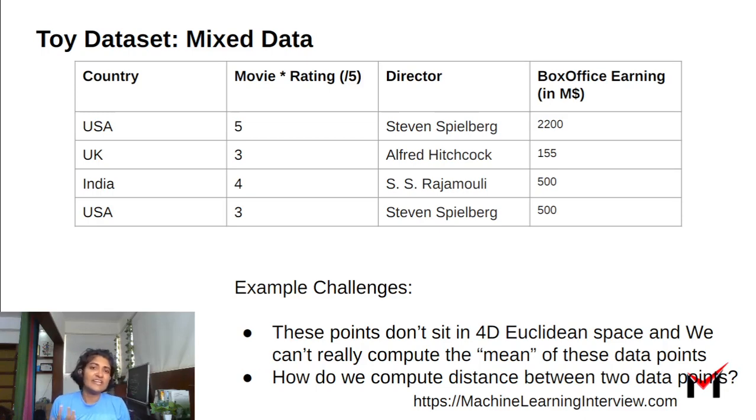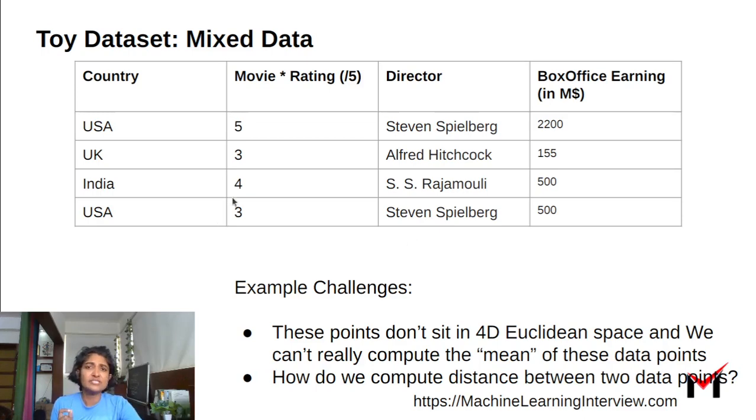But you cannot really take the mean of these points. Like, how do you average a country or a director, right? That doesn't make sense. So you cannot apply all your machine learning algorithms, some of them, the same way that you would do with real data that you can put, let's say, in a Euclidean space.